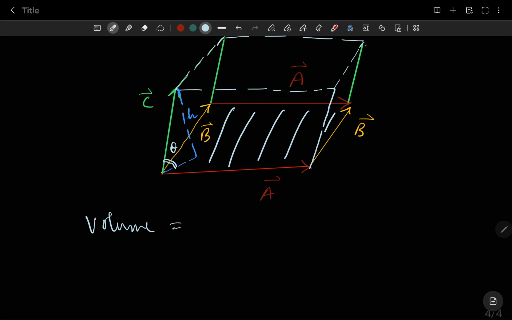We know the area of this parallelogram having sides A and B is the magnitude of A cross B, times the perpendicular height H. Area into height is the volume. Alright, clear? Now from this triangle, what is sine theta? It is H by C.